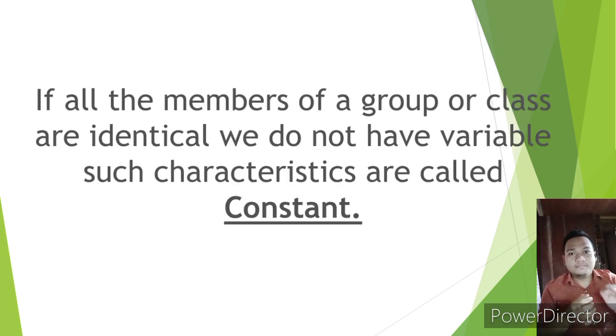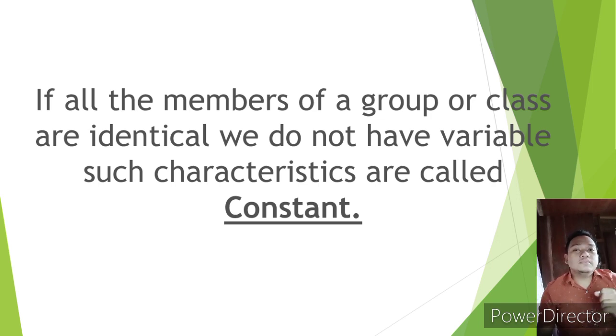On the other hand, if all the members of a group or class are identical, we do not have a variable. Such characteristics are called constants. So, if we can see the same classes or identical classes or subjects, that means there is no variable affiliated to that.